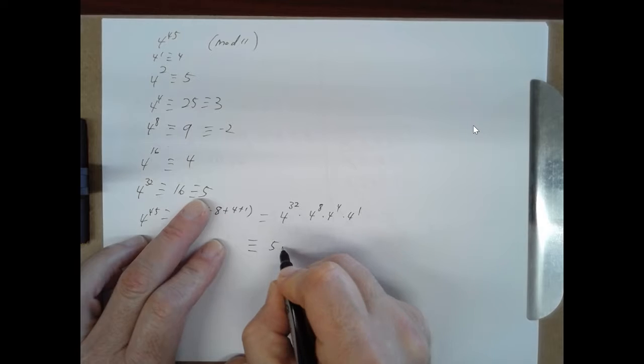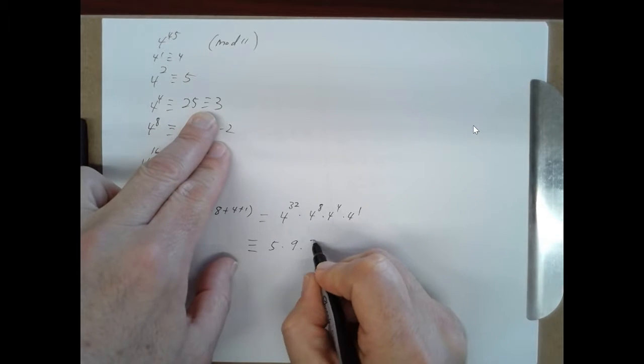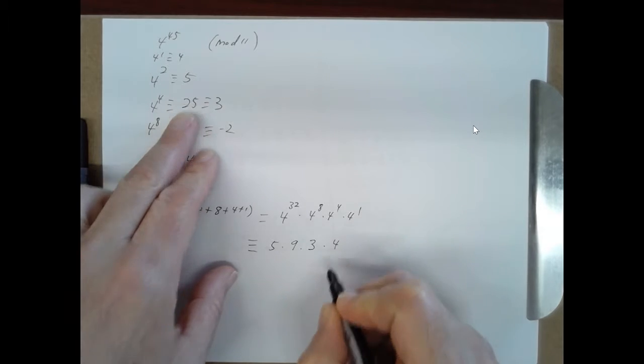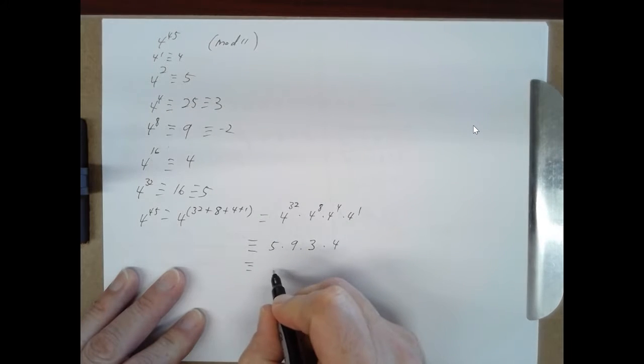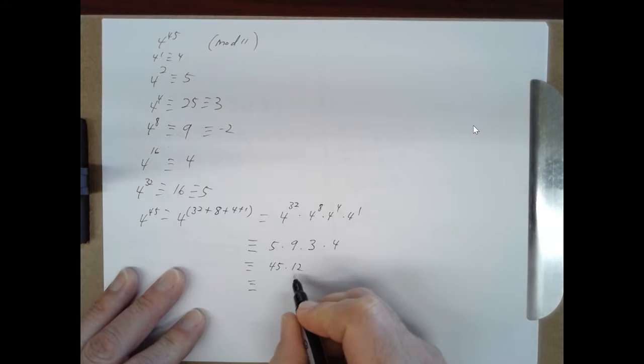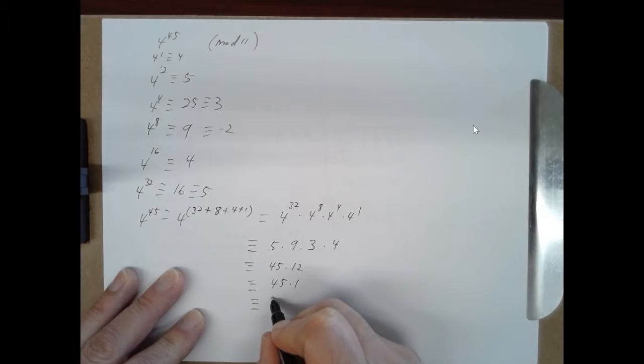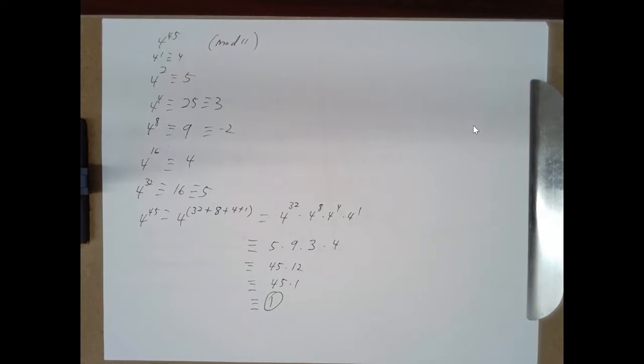So this is 5 times 4 to the eighth is 9, 4 to the fourth is 3, and 4 to the first is 4. So 45 times 12. 12 is congruent to 1, so that's 45 times 1, and 45 is 1 more than 44. So that gets you to 1 also. So different ways to approach this.